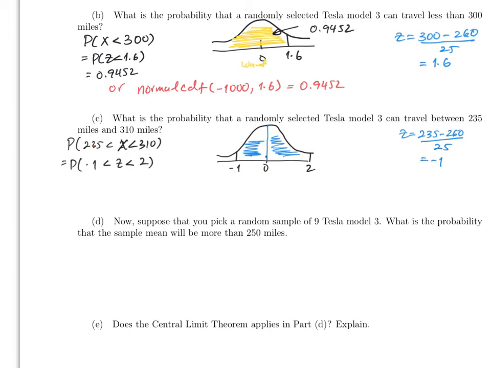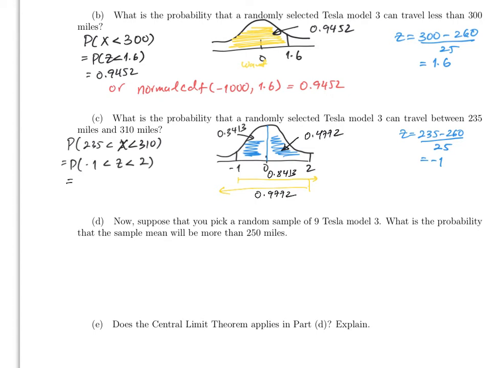Okay. All right, so now the table for 2, it was 0.9772. So therefore, this part right here will be 0.4772. And then the value for 1 was how much? 0.8413, which means this is equal to 0.3413, right?